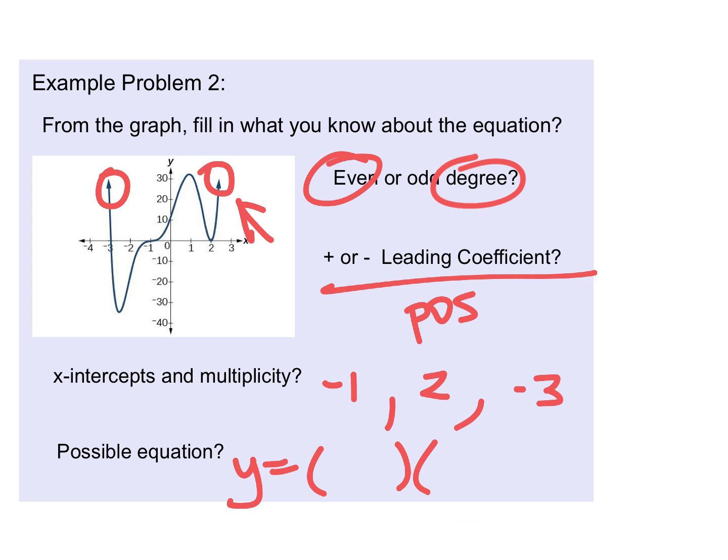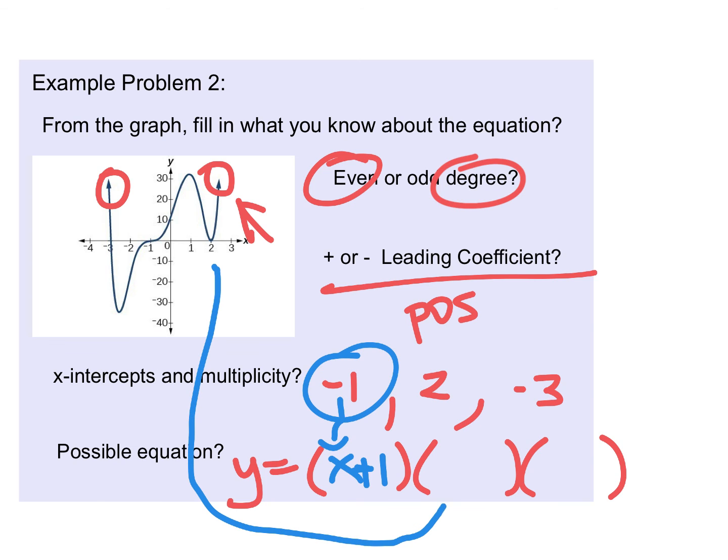I'm putting a parenthesis for each root. Then I want the answer to come out to -1, so I'm going to go x minus 1. No, wait, x plus 1. Do you get how a -1 would make that equal 0? And for this 2 here, I'm going to put x minus 2.